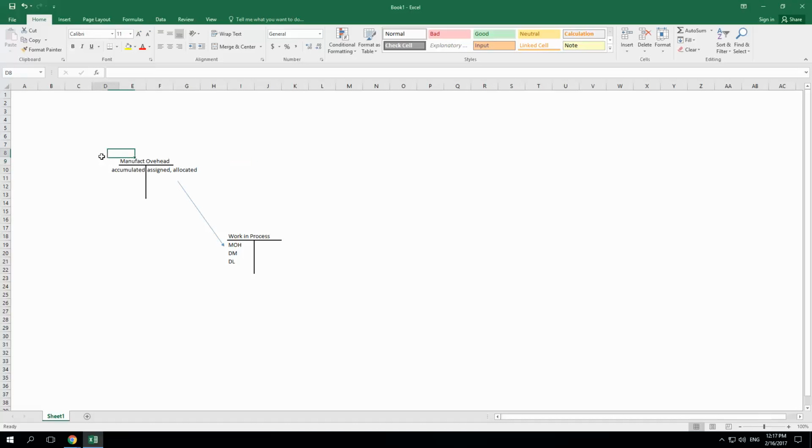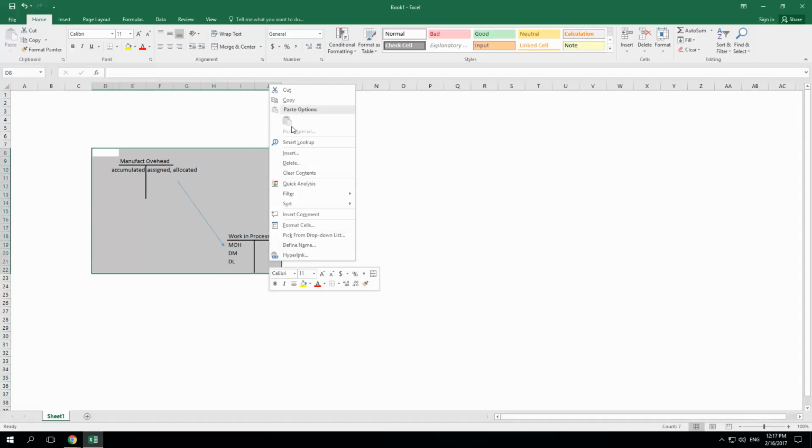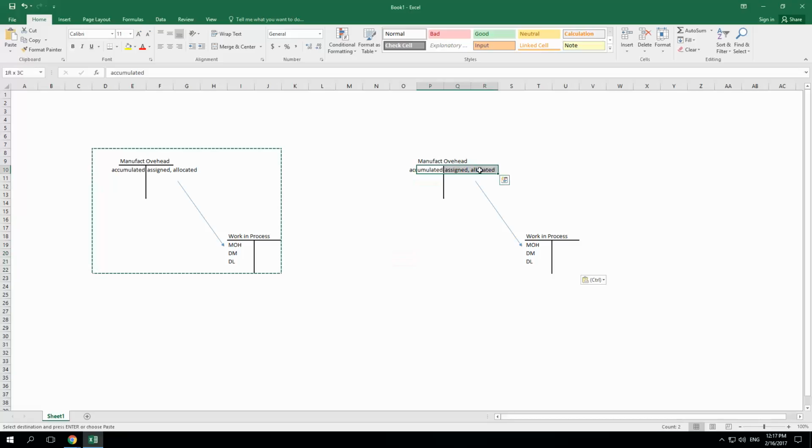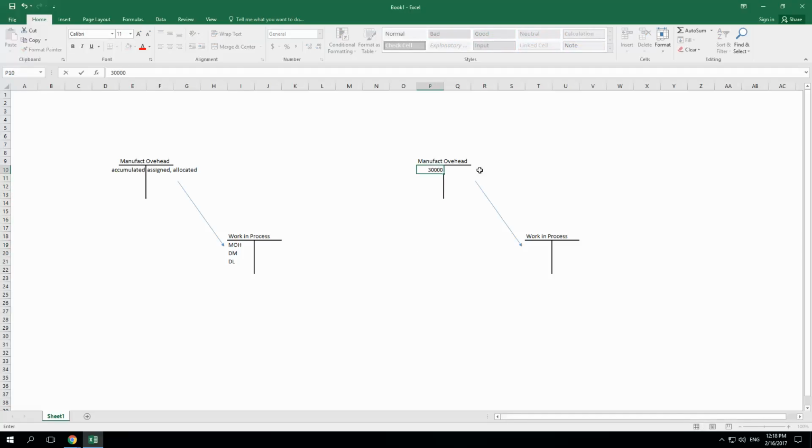So throw some numbers in there, just to take the words out. You may have only accumulated 30,000 in actual overhead costs, but you've had to assign 150 out already.